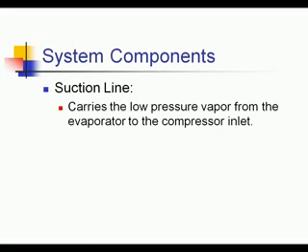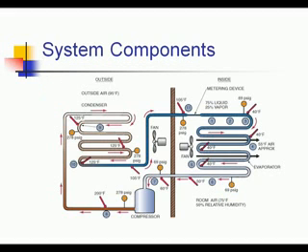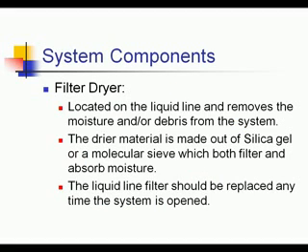As the air moves across the coil, it's absorbing that heat from the room air into the refrigerant, boiling off the refrigerant, and basically capturing 20 degrees of heat. The suction line then leaves the evaporator and carries the low pressure vapor from the evaporator to the compressor inlet. And again, notice I've said vapor now. Liquid line has liquid, suction line has vapor.